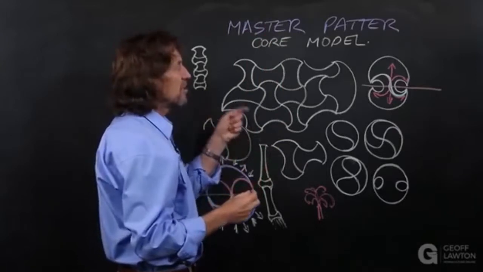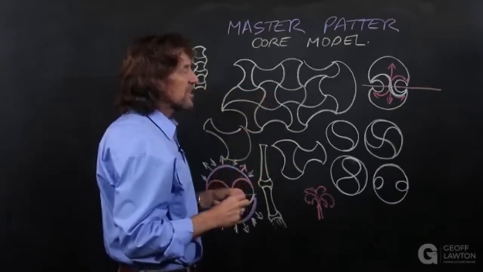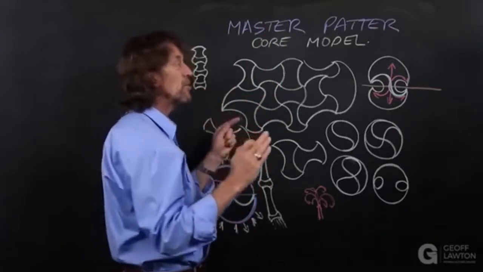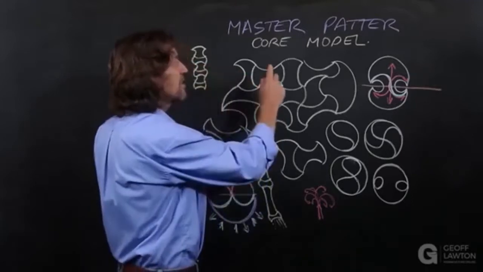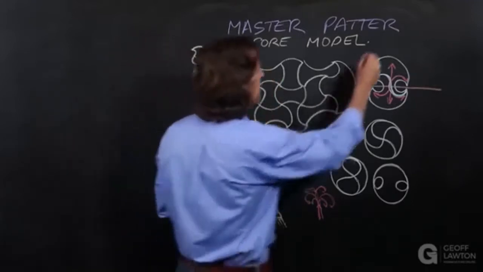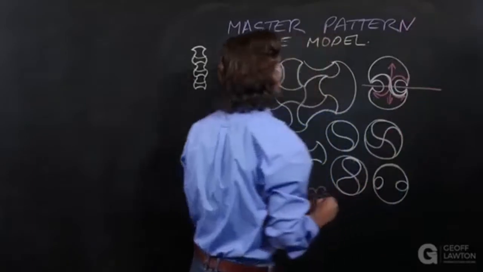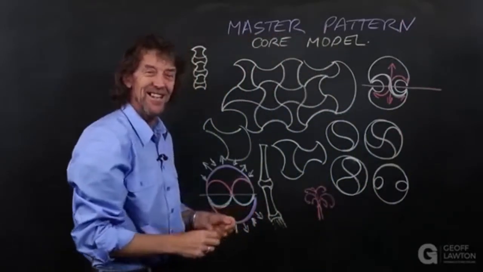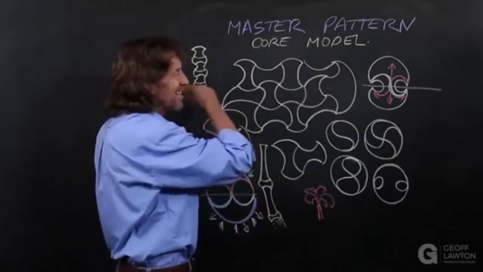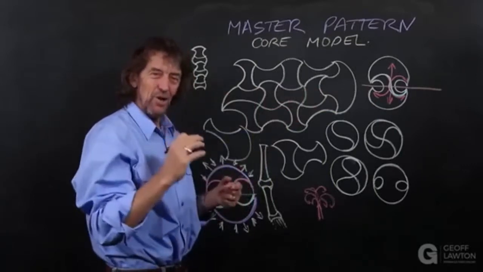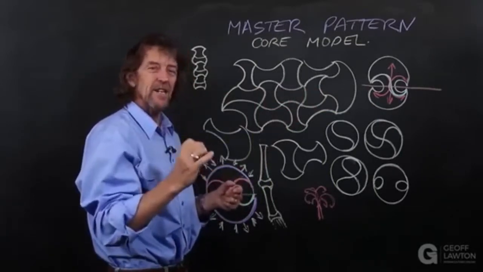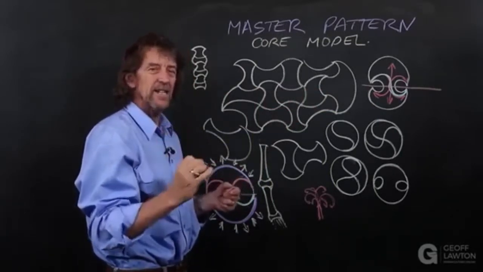So here you need to start to understand the importance of pattern, and I better put an N on the end of pattern because it's not patter, it's pattern, and realize there is a core model pattern at the center of this understanding.